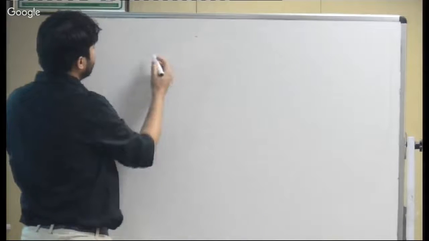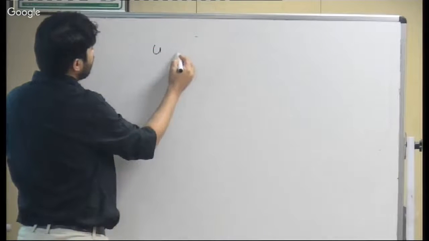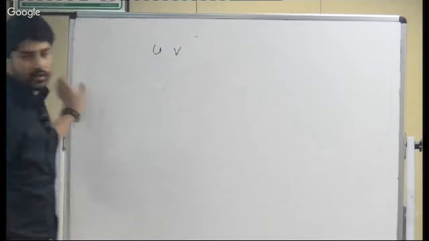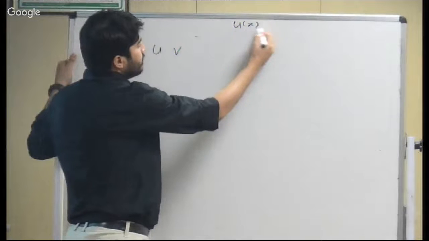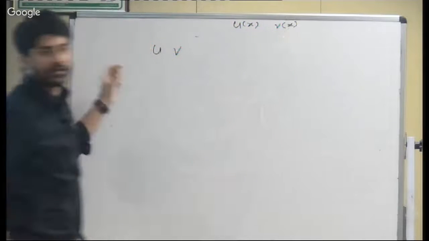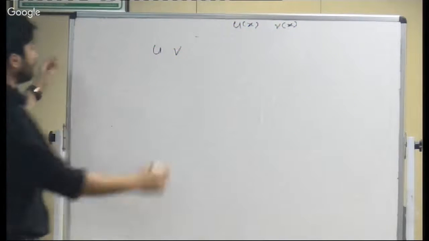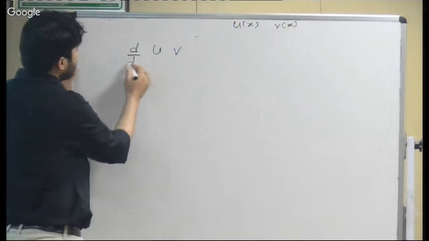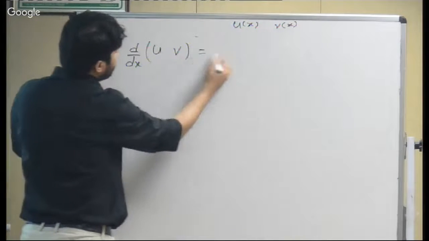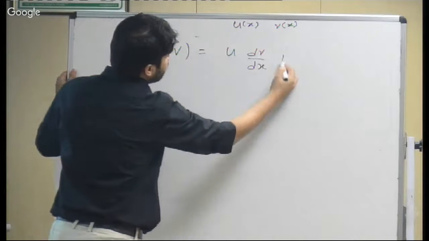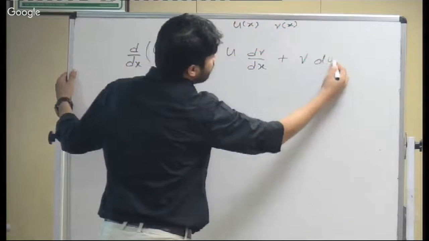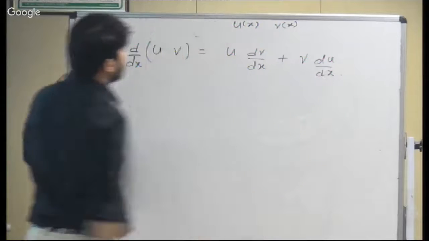Now consider a function uv, where u is a function of x and v is also a function of x. And we know that d by dx of uv is nothing but u dv by dx plus v du by dx.